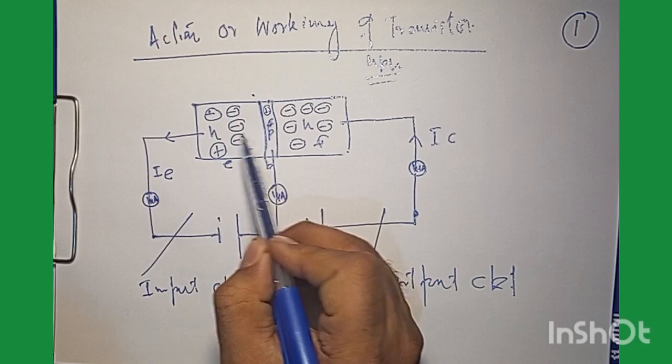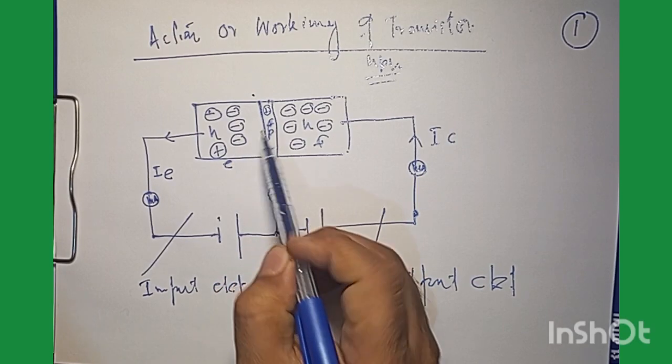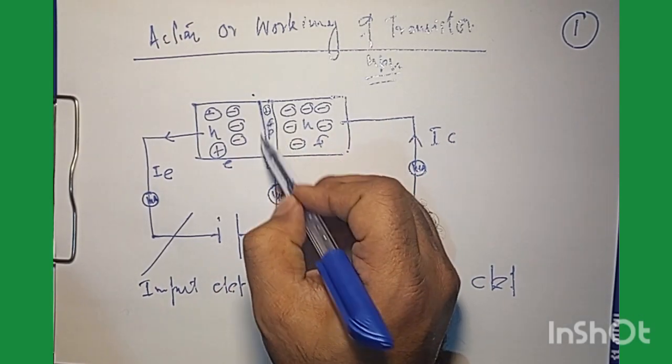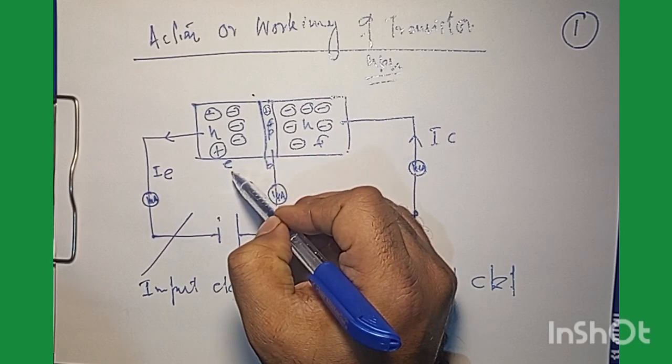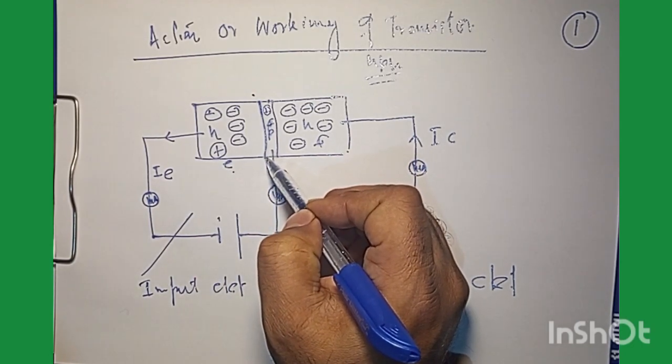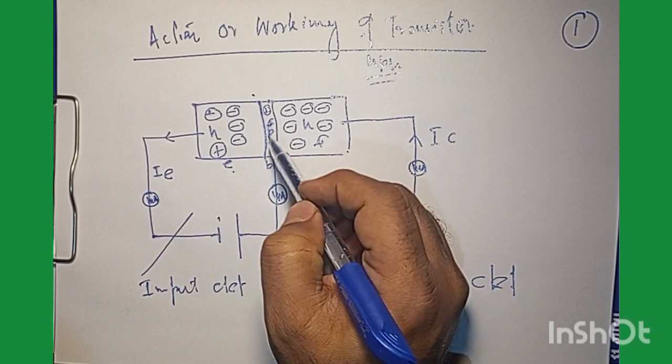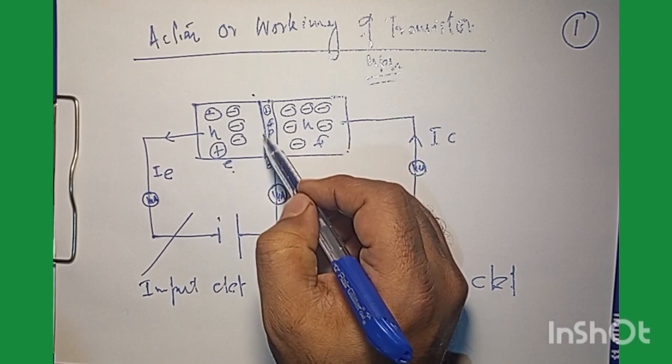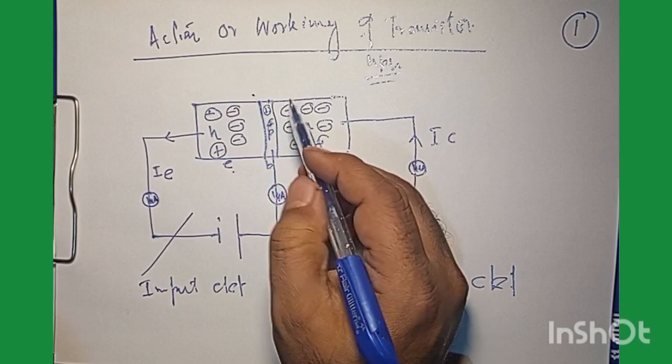So the electrons will be repelled into the base. The barrier potential of the emitter-base junction decreases, and the electrons enter the base, right?